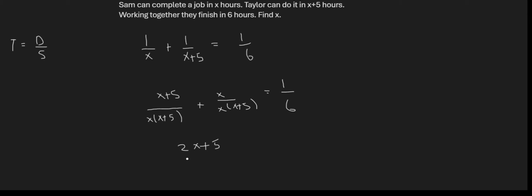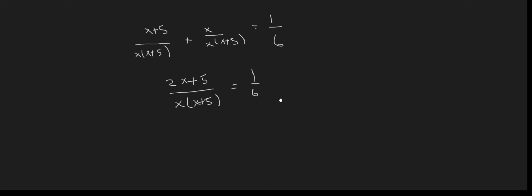So now let's combine this. We get 2x plus 5 over x times x plus 5 equals 1 over 6. Now let's cross multiply. Multiply 6 and multiply x plus 5, or x squared plus 5x, on both sides.